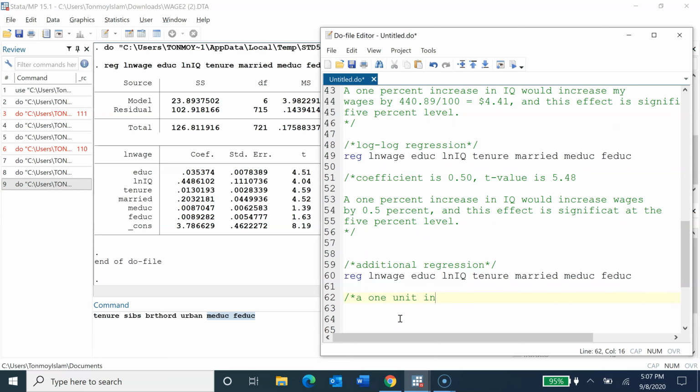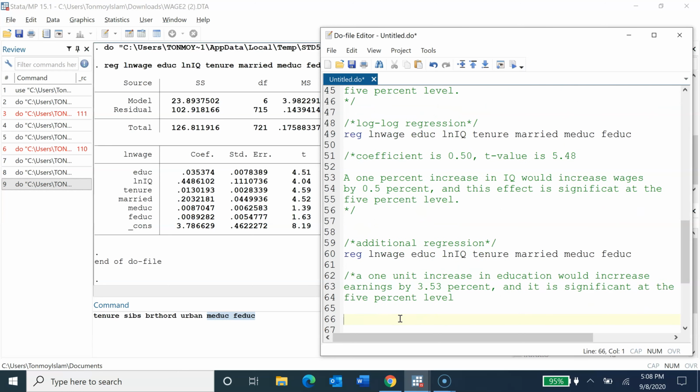A 1 unit increase in education would increase earnings by 3.53%, and it is significant at the 5% level. So we can say the same thing with ln of IQ.